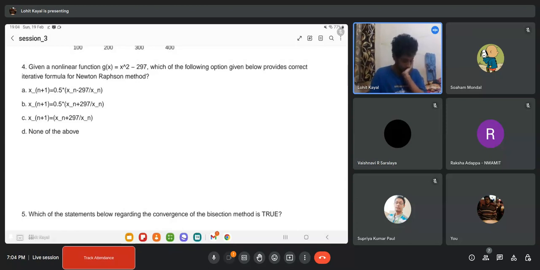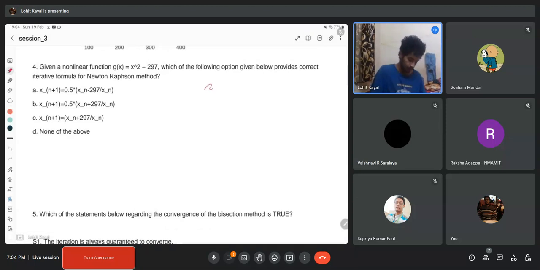Suppose you are given a nonlinear function g(x) = x² − 297, and you need to find the formula using the Newton-Raphson technique, that is, the formula for x_{n+1}. There are four options.